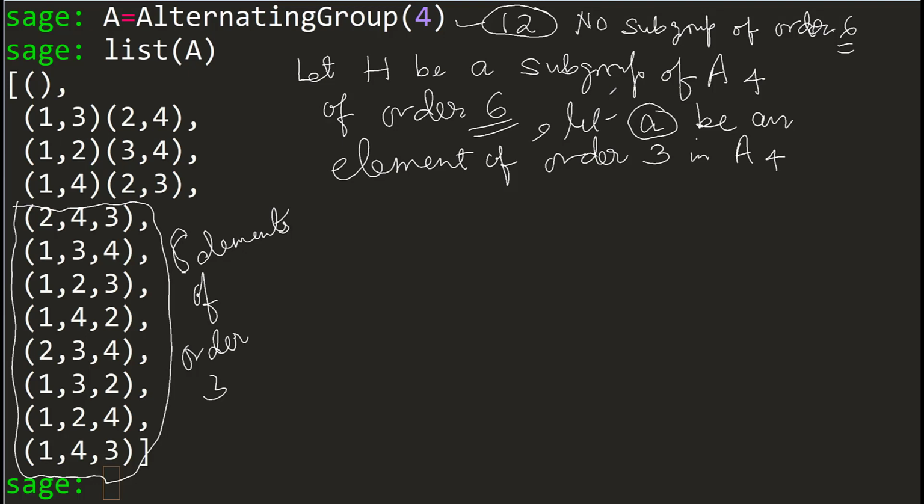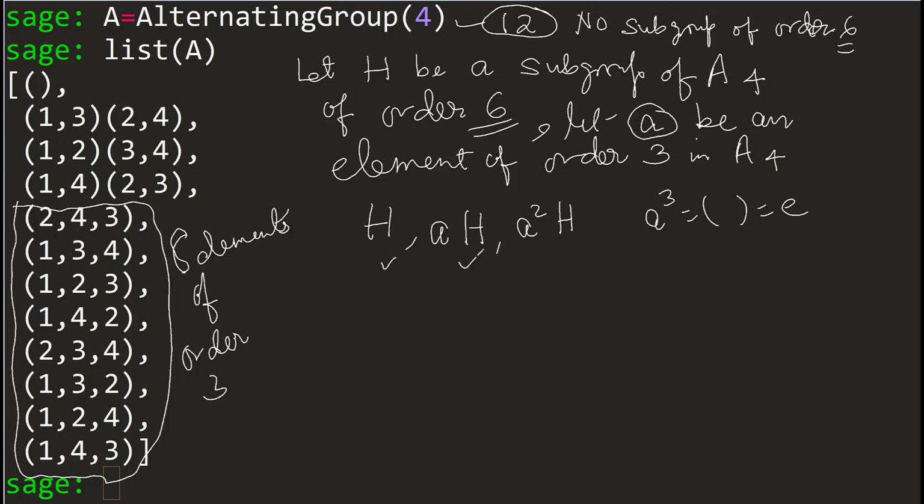Okay, so for H, let's see. If we look at the cosets, then one is H, and then we have AH, then A squared H, and A cubed is what? A cubed is the identity permutation, right?